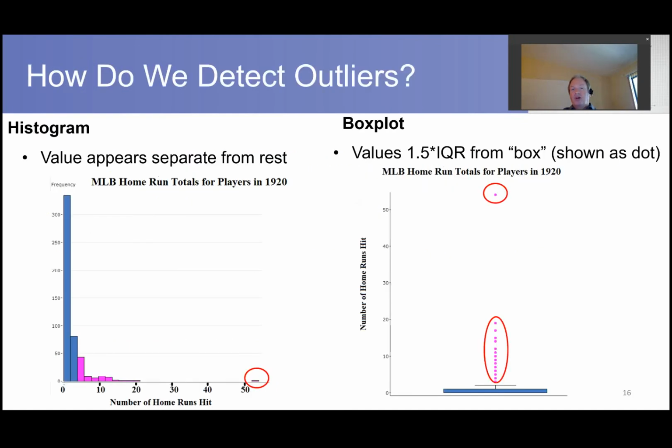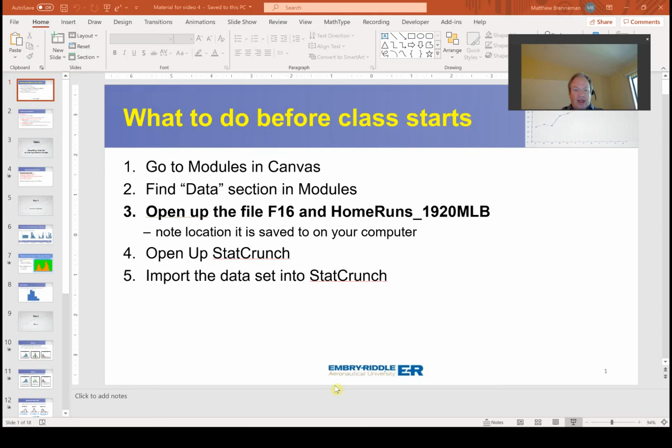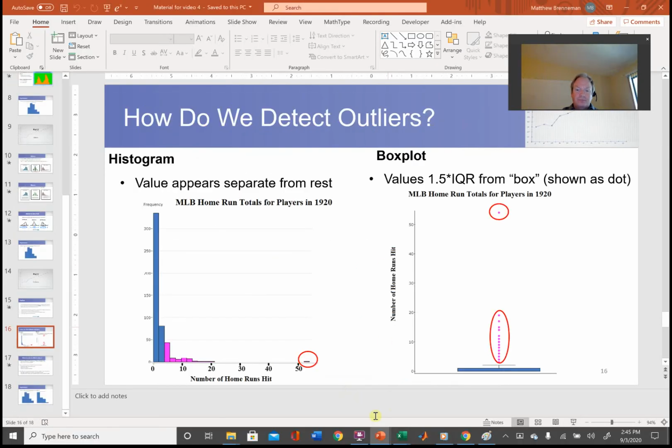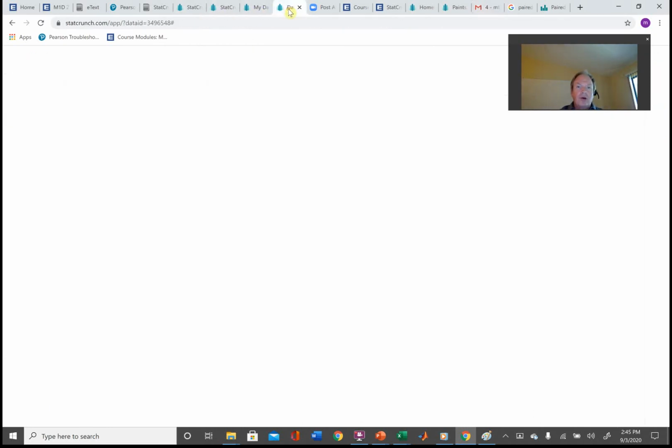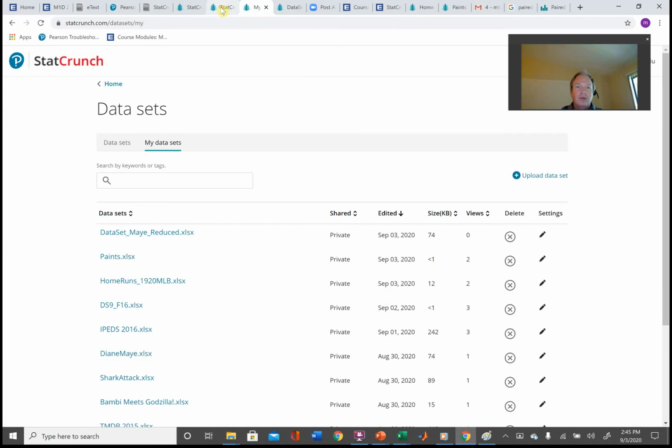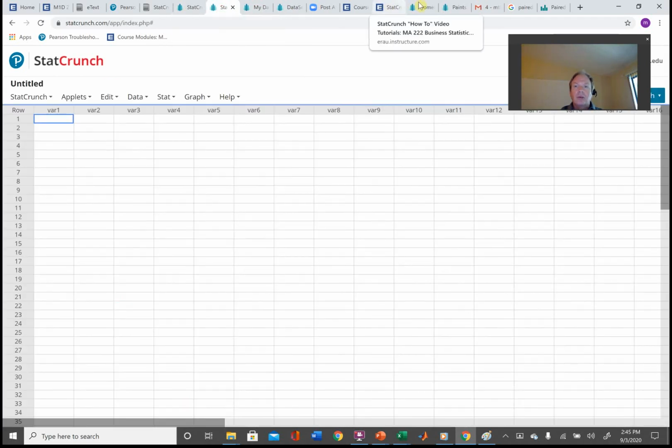And I want to show you this using the home run data set, okay? So I'm going to go over to StatCrunch for a minute. Let's see, where's the home run data set? It's here.